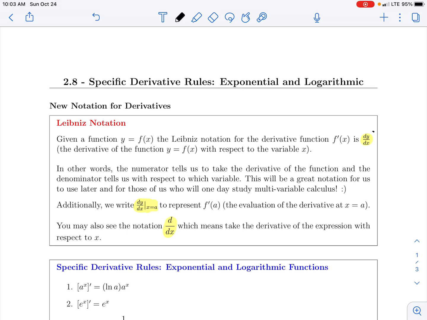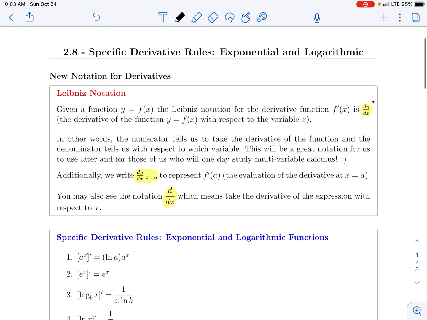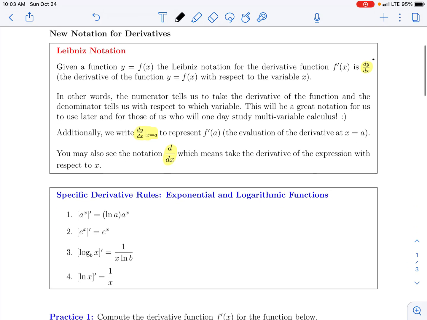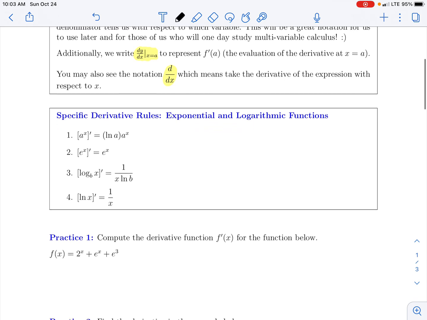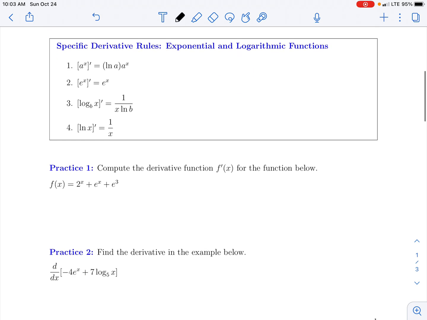Now that we've introduced Leibniz notation, I'm going to talk to you about the specific derivative rules. We have 4 as of right now. There will be more. But rules 2 and 4 come from the rules right above them. In rule 1, I'm telling you how to take the derivative of an exponential function.